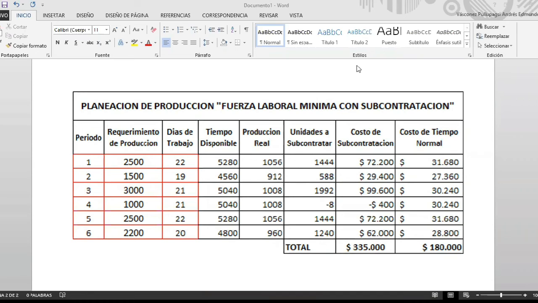For example, the plan cost is 515,000, and the total cost of the plan equals 518,500.